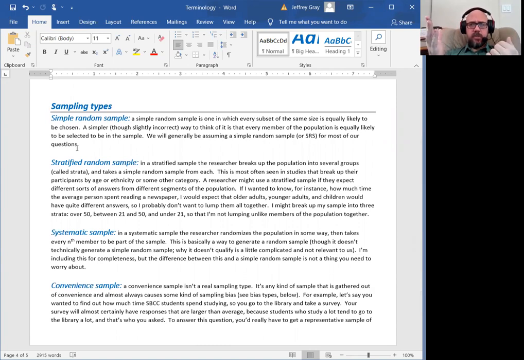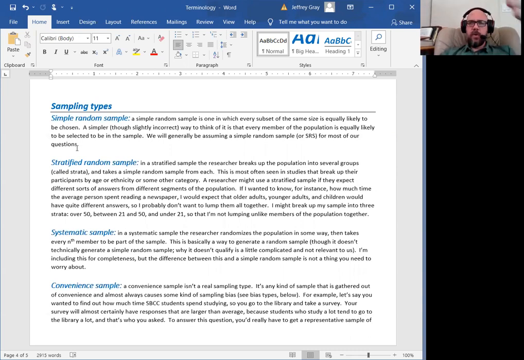A simple random sample is a sample in which every member of the population is equally likely to be chosen for your sample. That's not quite true. It's technically that every subset of equal size in the population is equally likely to be chosen if you're choosing a subset of that size. But it's just easier to think about one element of the population at a time.